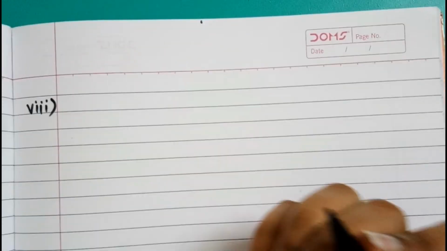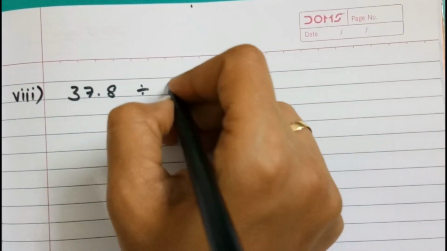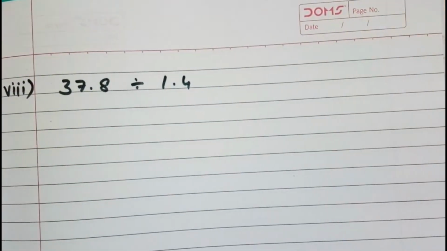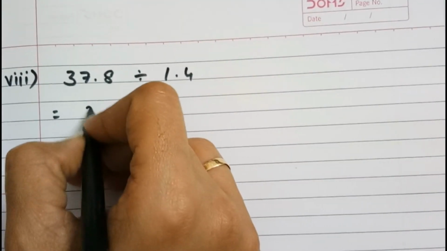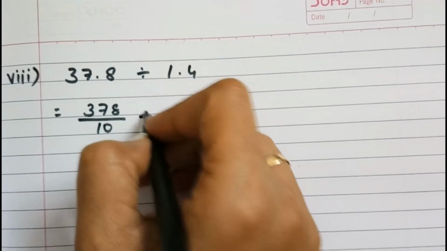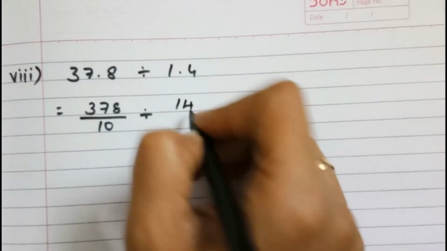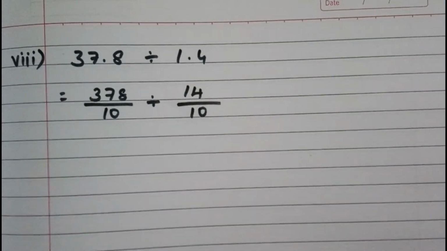Okay, question number 8 is 37.8 divided by 1.4. How can this be written? 378 by 10 divided by 14 by 10. Clear?